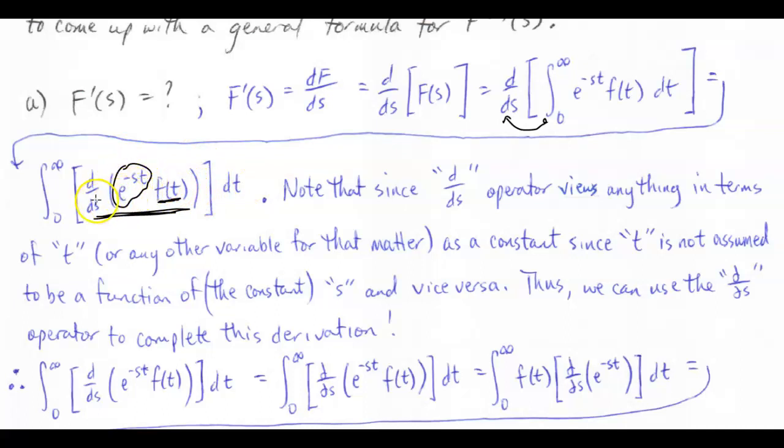And to this derivative operator, s looks like the variable and t looks like the constant. So what we can essentially do is pull the f of t out of the derivative part and just evaluate the derivative of e raised to the minus st with respect to s.